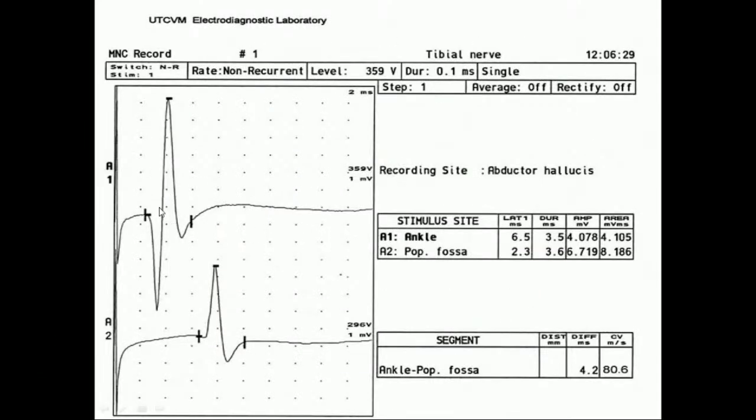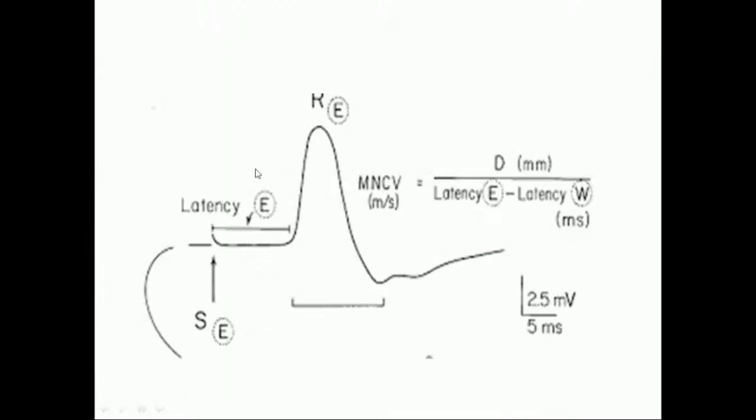So you can see this is a compound motor action potential. This is distal, when you stimulate at the wrist, or in the lower limb at the ankle, and here proximal, in the upper limb at the elbow and in the lower limb at the popliteal fossa. Now you have to see, when you stimulate, the first deflection is called latency.